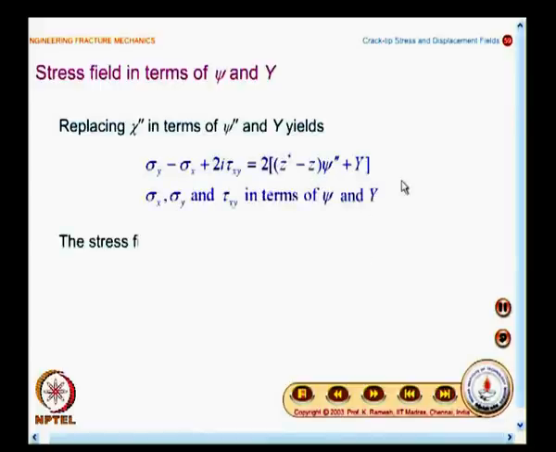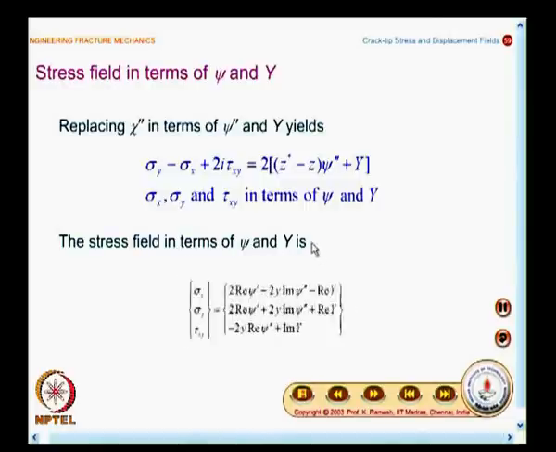The equations are recast, and the equation appears like this: sigma y minus sigma x plus 2 I tau x y equal to 2 into z star minus z multiplied by psi double prime plus capital Y. So, once you define this, we can find sigma x, sigma y and tau x y in terms of the stress function psi and Y. I could write this, and this is simplified and the final result is given.